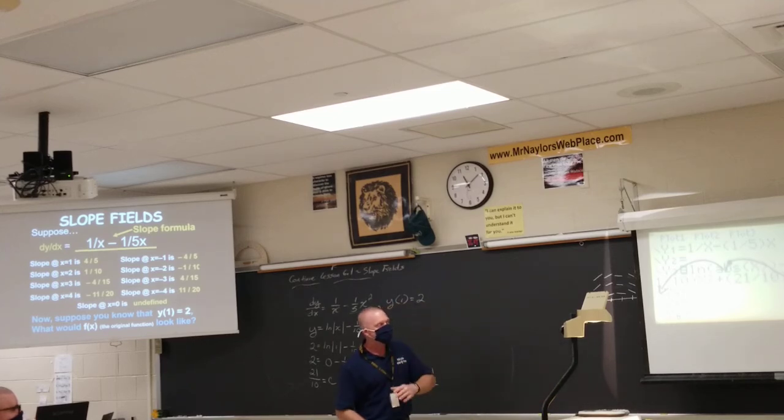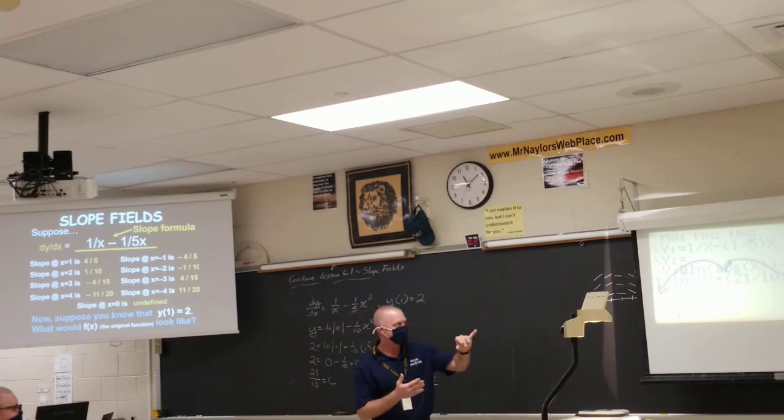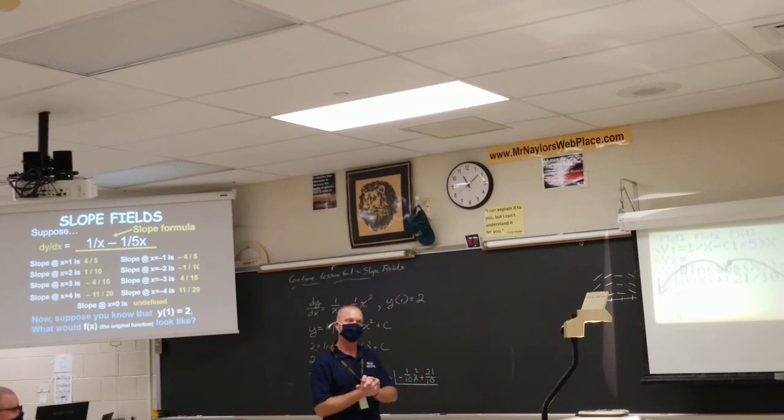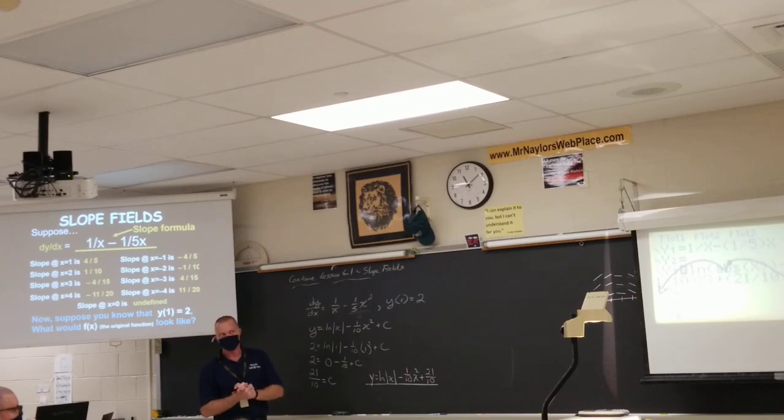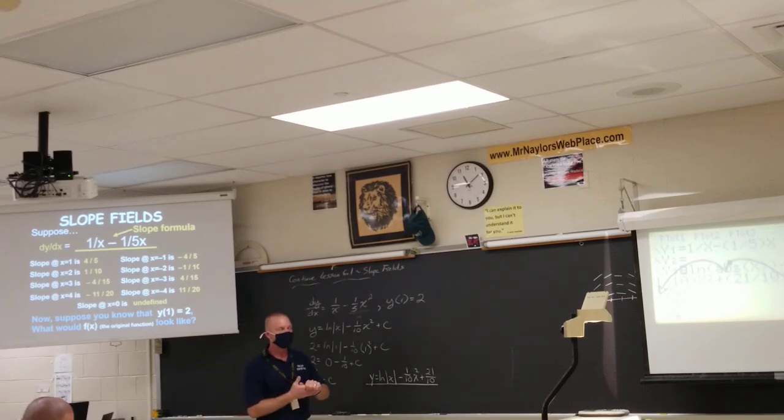The reason I say you get one chance is because what's going to happen next, assuming I typed it in right, is that it's going to graph this y equals equation. And where is it going to graph it? Right on top of that slope field. However, I only get one try to graph the equation before the slope field disappears.